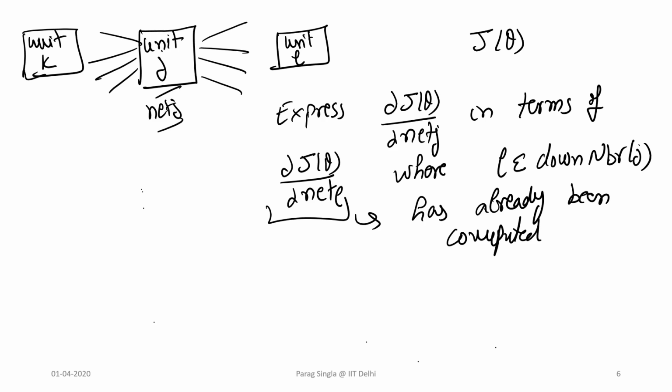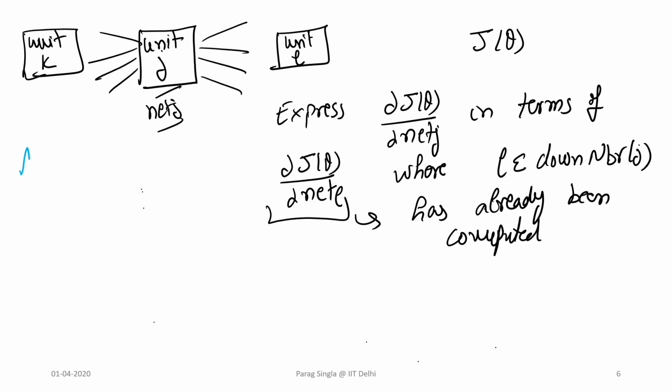Note that there are multiple such l's. The effect of net j will pass through multiple such net l's, which are in the next downstream layer.